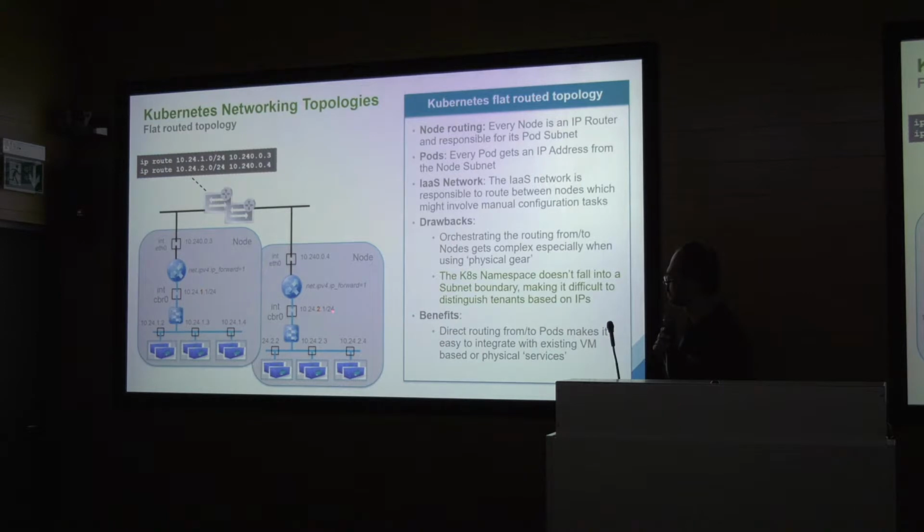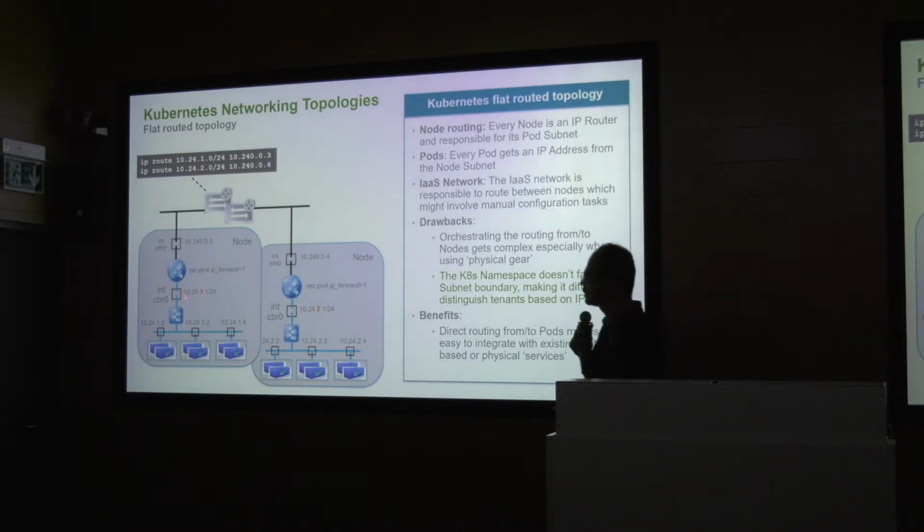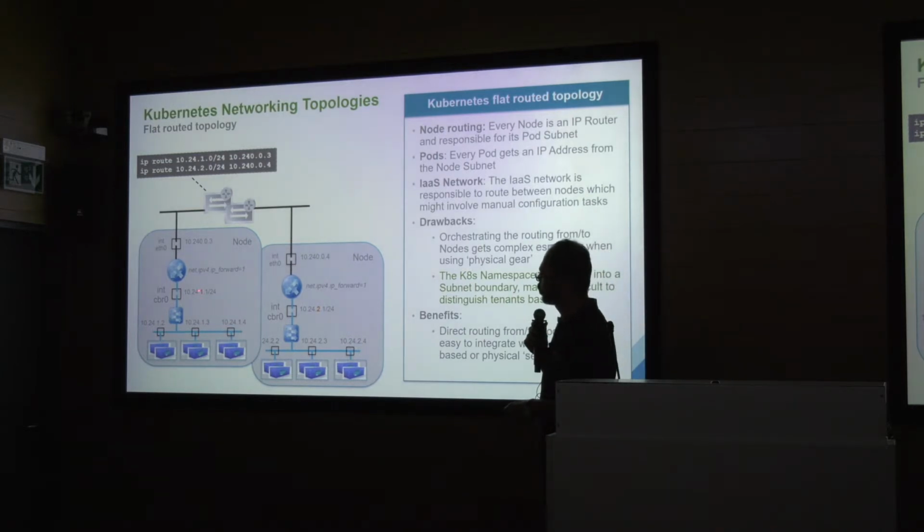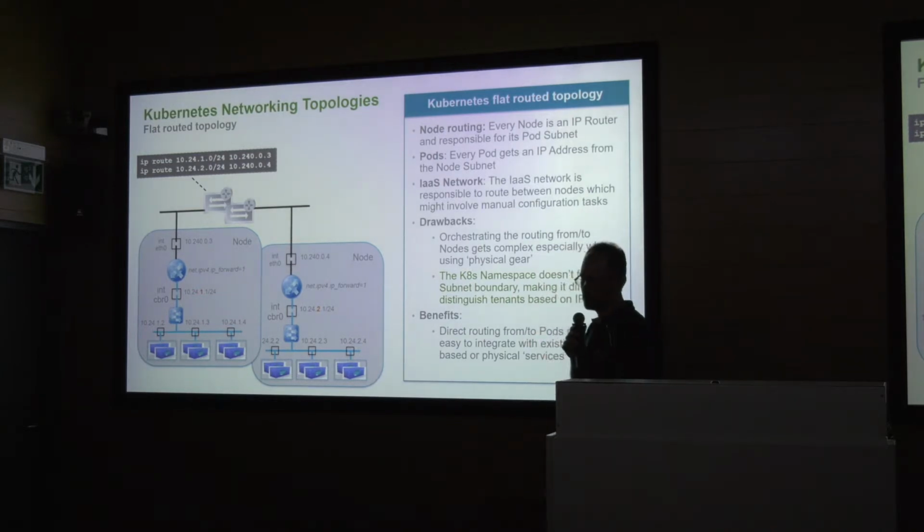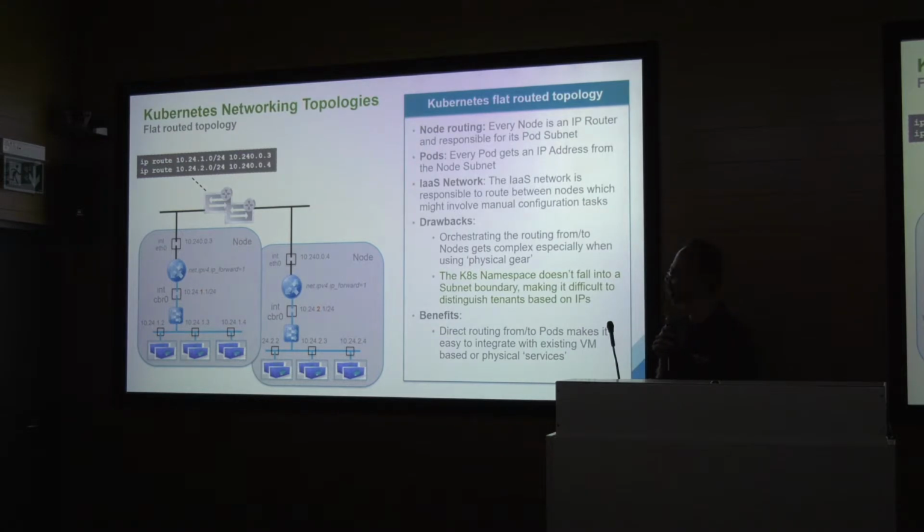It means that we have an IP subnet assigned to a particular node. Any pods which we run on this node will use IP addresses from the subnet 10.24.2, and on the other node, this is subnet 10.24.1. If we don't have any kind of overlay networking, that's the reason why it's called a flat routing topology.